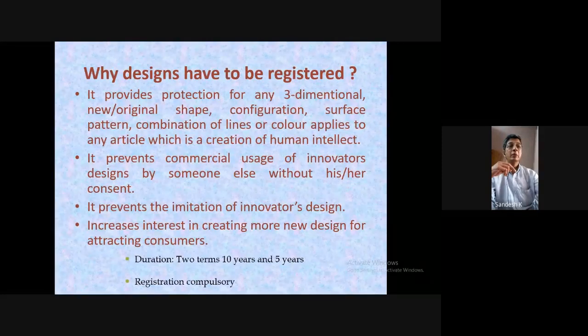So registration prevents imitation, and it will definitely increase the interest of an innovator to develop new designs to attract new consumers. And registration is for 15 years, 25 years, two terms of 10 years and 5 years, for continuation. Next slide, please.